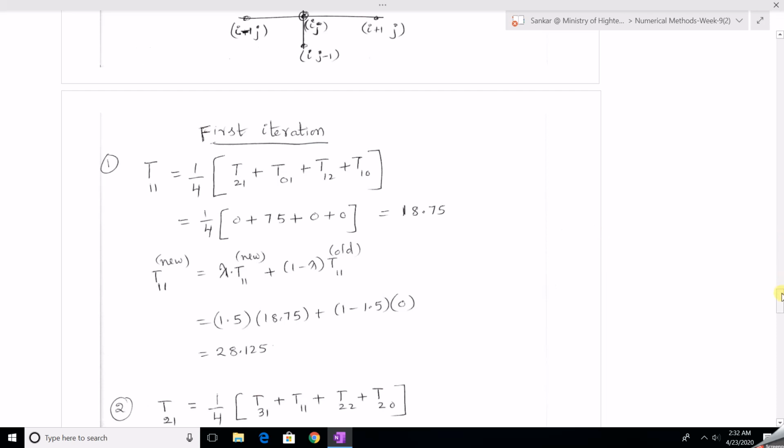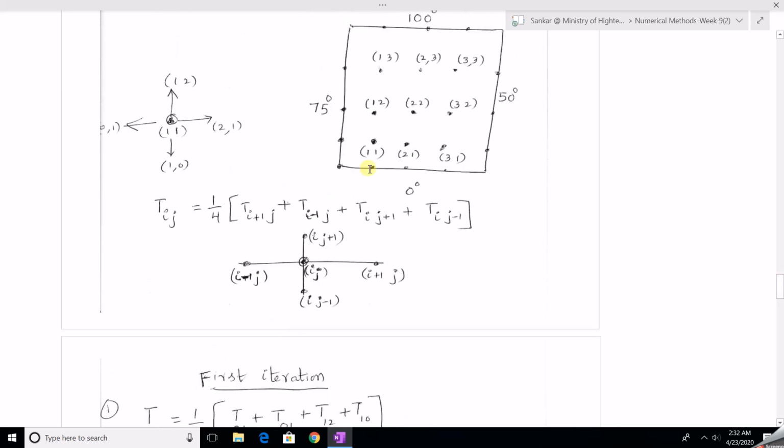Now let us go to the next point of the grid, 2,1. So we have to find T21. To find T21, we look at all the surrounding points: 3,1, 1,1, 2,2, and 2,0.